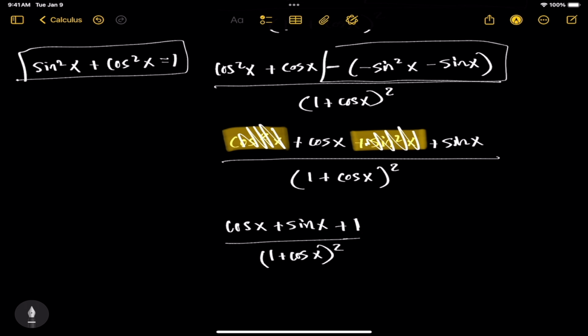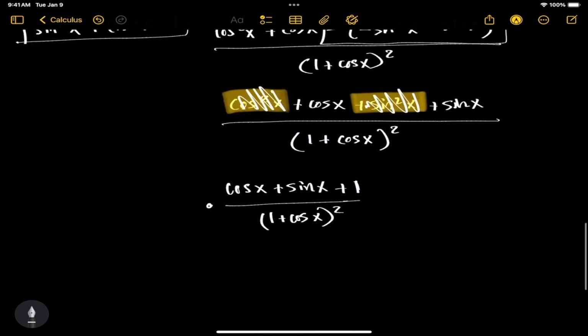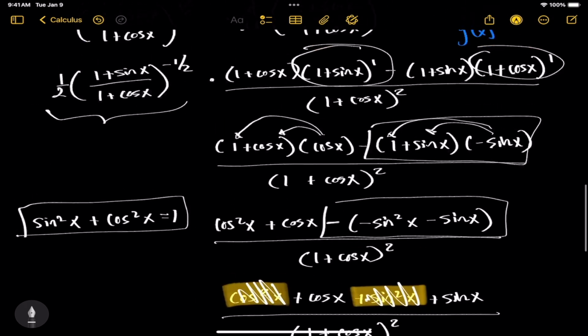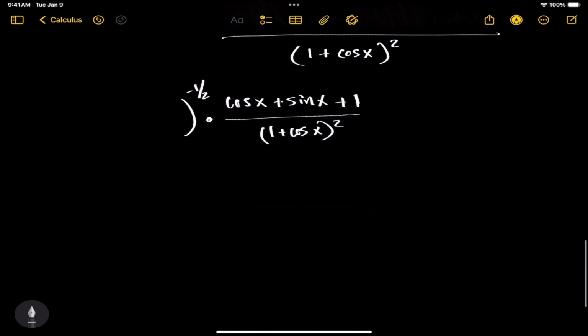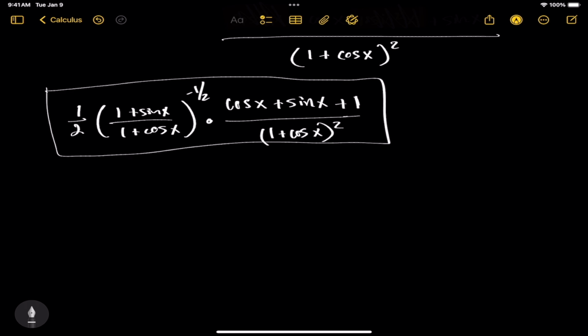There's nothing else to do, but what you don't want to forget also again is that you actually had another term here, which is the half. Let's write this from left to right, or from right to left. You have 1 plus sine x, the inner function, 1 plus sine x over 1 plus cosine x, and then you had your half, and this is just how I would probably just leave it.